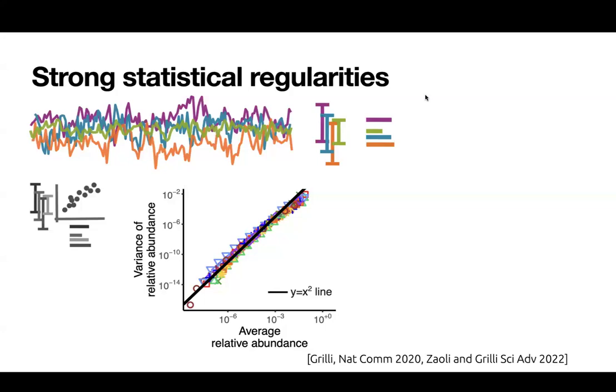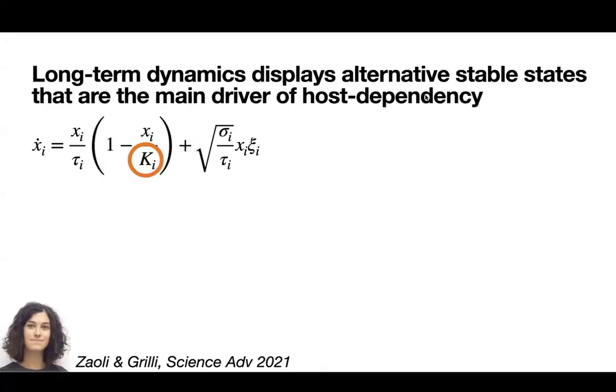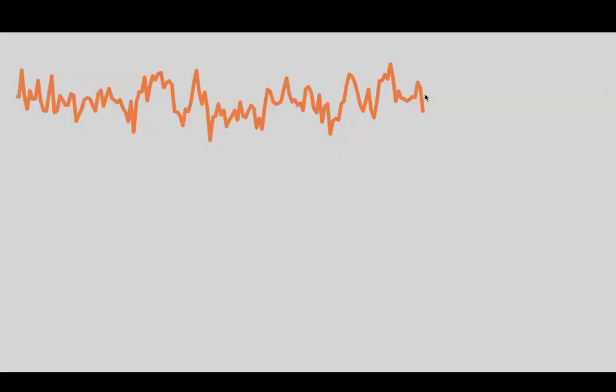For instance, the variance of the relative abundance scales as the square of the mean, meaning that the coefficient of variation of these fluctuations is average abundance independent. So basically, we have a very simple model which can reproduce this broad class of statistical patterns in these ecological communities.